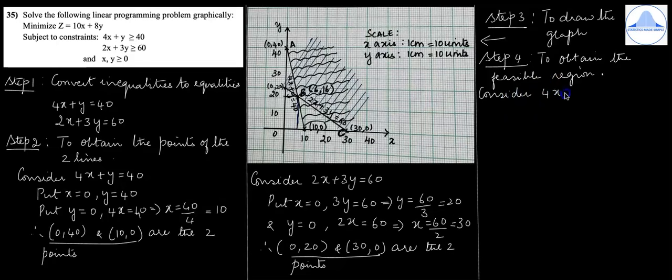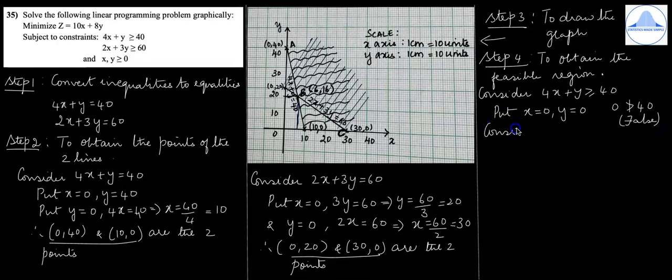So consider 4x plus y is greater than or equal to 40. In this you put both x equal to 0 and y equal to 0. So on the left hand side you will get 0. On the right hand side you have 40. You have to check whether 0 is greater than 40. It is not greater. So we get the condition as false.